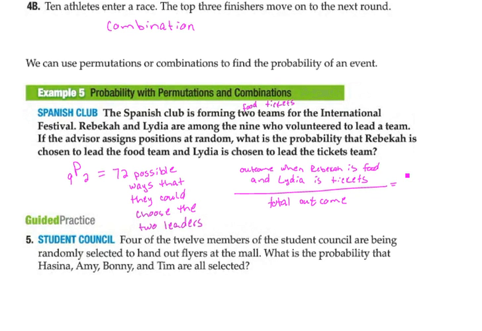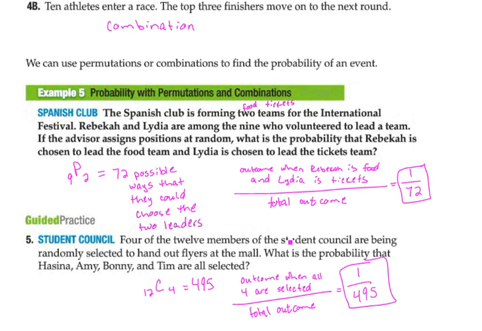How many ways could Rebecca be food and Lydia be tickets? Just one. There is only one possible way that can happen. How many total outcomes? We found out that there was 72. So what's the probability that they're going to be exactly what they wanted? 1 out of 72. So in this situation, we had to use a permutation in order to set up a probability. Go ahead and try that with guided practice 5.